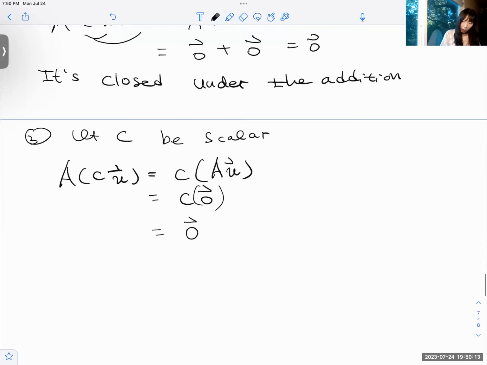So it's closed under the scalar multiplication.